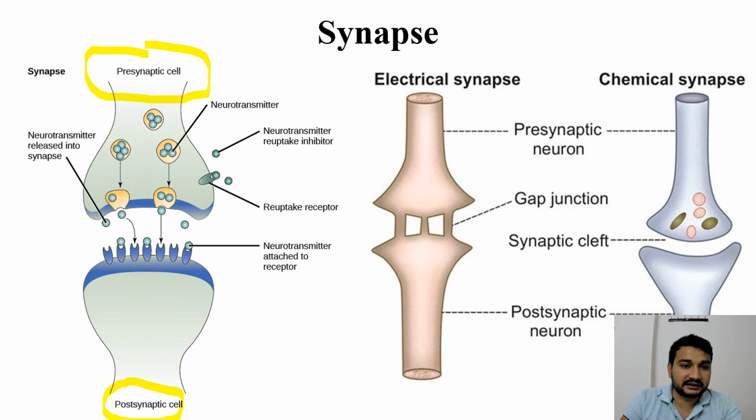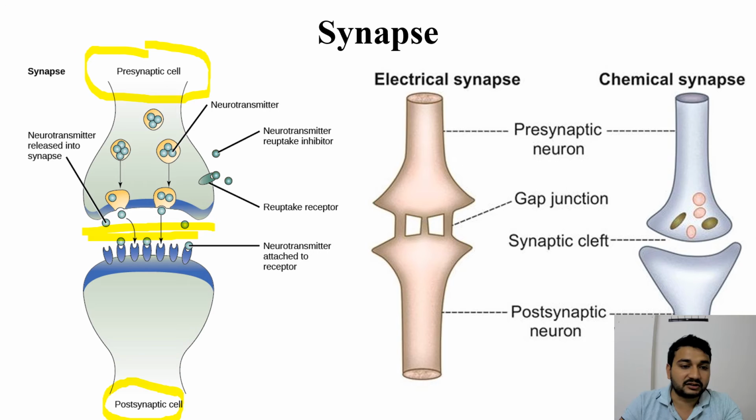Here the signal is in the form of a neurotransmitter, a chemical which provides signals. This place is called the synaptic cleft, the gap between the presynaptic and postsynaptic cells.